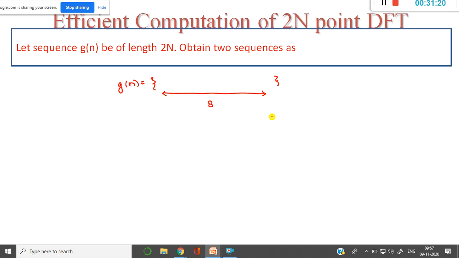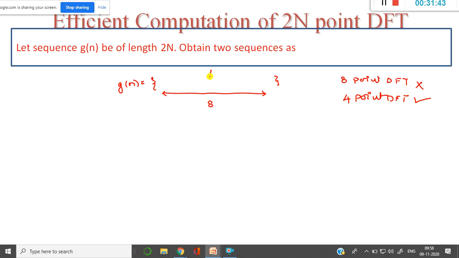Now you should not use an 8-point DFT to calculate g of k. Instead, you should use a 4-point DFT to calculate g of k.